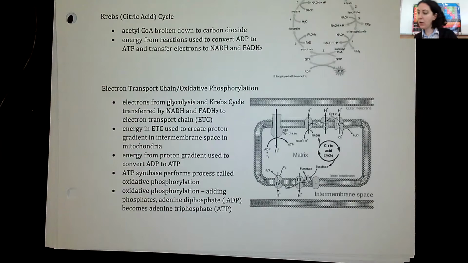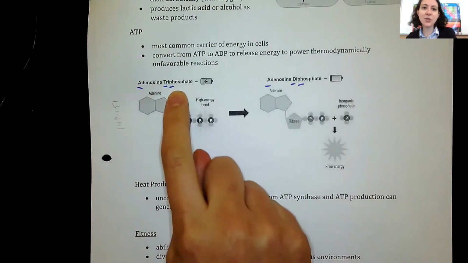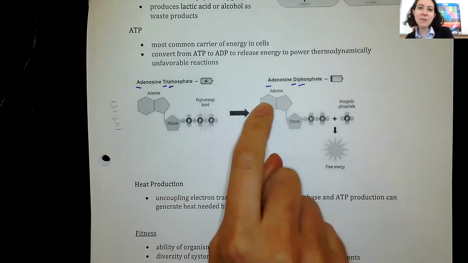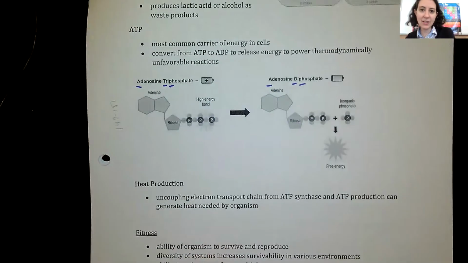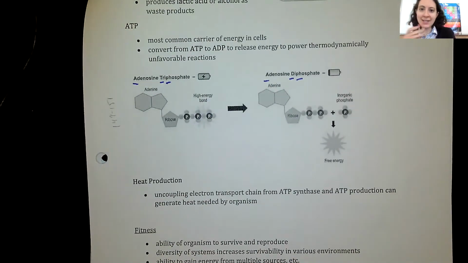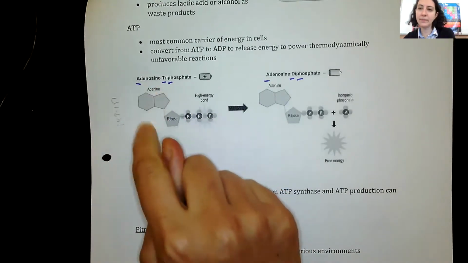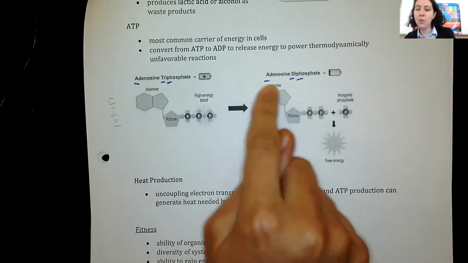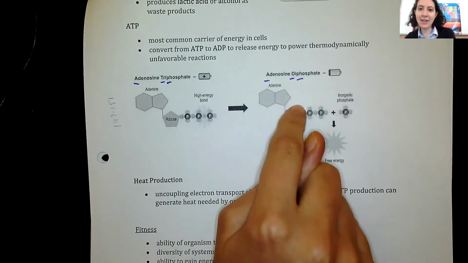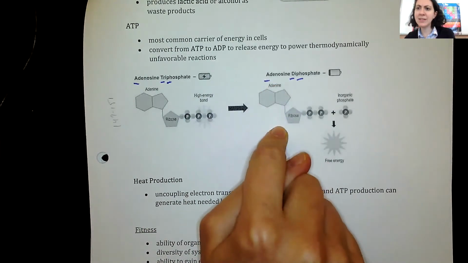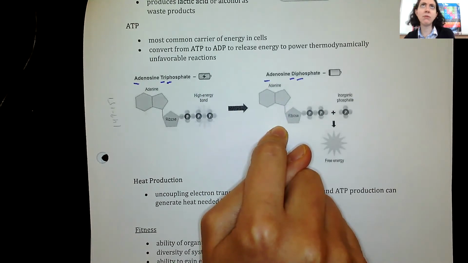So I want to go to ATP real quick. ATP is, again, I think we mentioned this before, adenosine triphosphate, and ADP is adenosine diphosphate. The adenosine is referring to this adenine ribose base. Adenine ribose is the base for RNA.